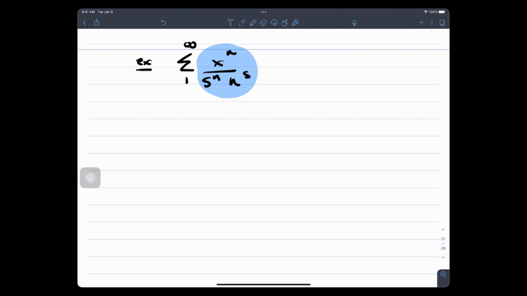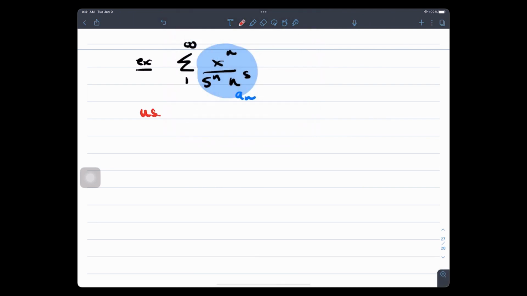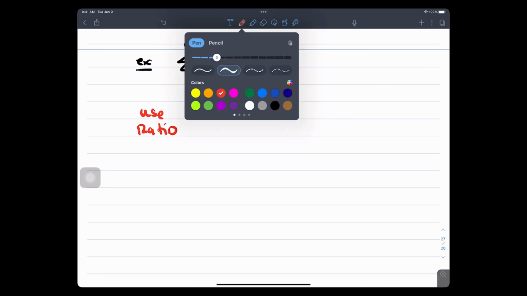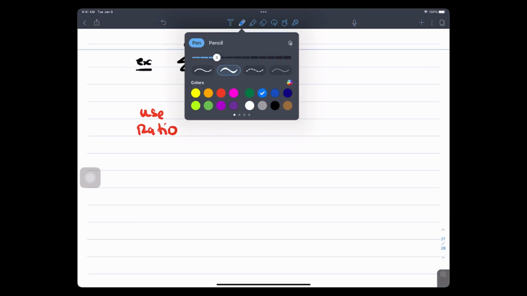Ratio or root? Here's our a_n. You're going to use again what? Use ratio test. Okay, why not root test? You have to have a pure nth root for all terms. So if you don't, it's going to be the ratio test.